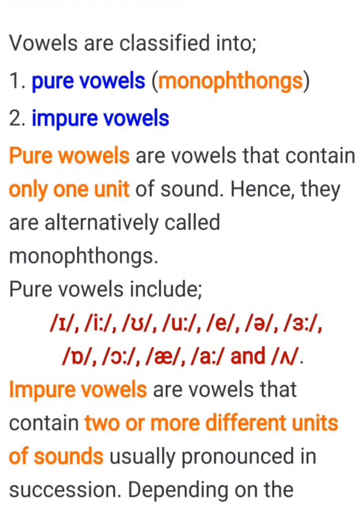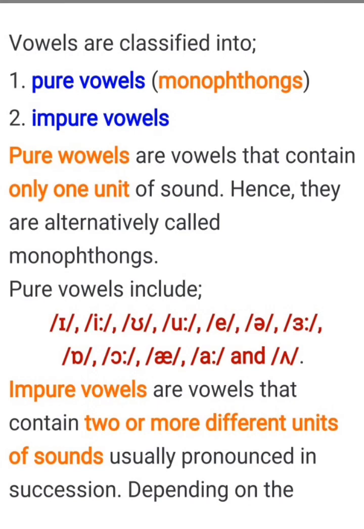And so when you have a vowel sound in which there are two sounds pronounced in succession one after the other, or three sounds pronounced in succession, then the vowel sound is said to be impure because it does not contain one element. It has different compositions together. That's what we call impure vowels.